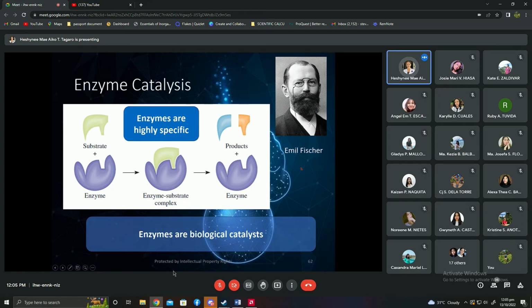It's just that they hypothesized that our enzymes can also be flexible. Meaning, even if the shape of our substrate is different, your enzyme can change its shape so that it can accommodate the incoming substrate.